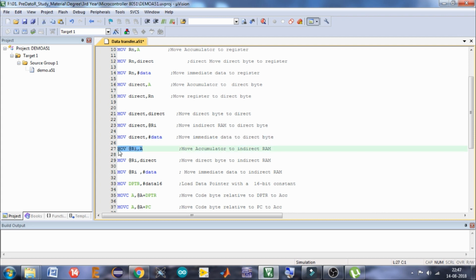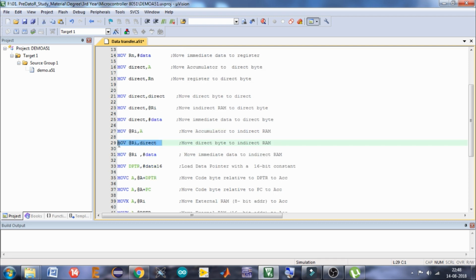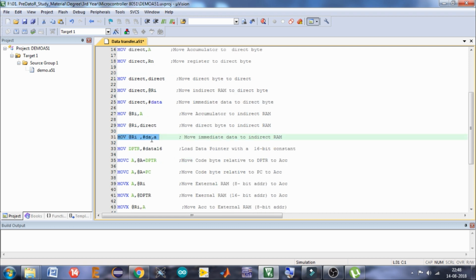Here the data from the accumulator is taken to the indirect memory location pointed by Ri, that is R0 and R1. In this case, the direct data is moved into the indirect memory location. In this MOV @Ri, #data, the immediate data is moved into the memory location pointed by Ri.